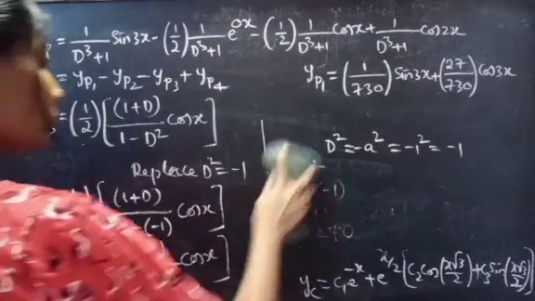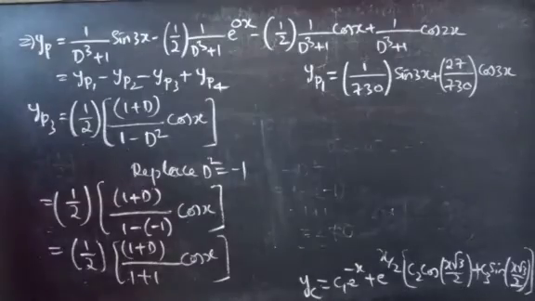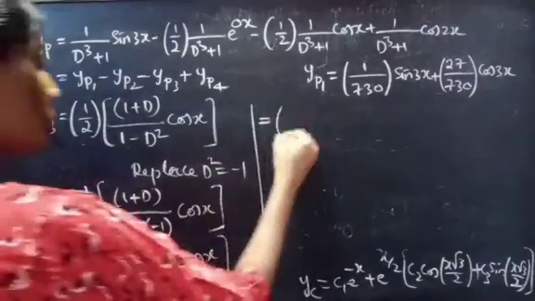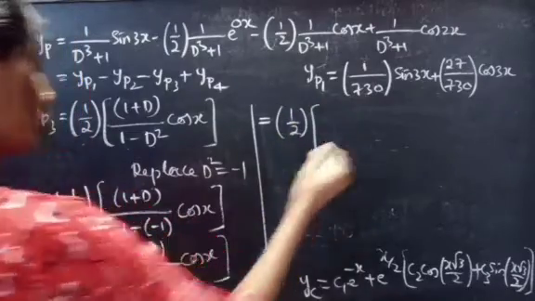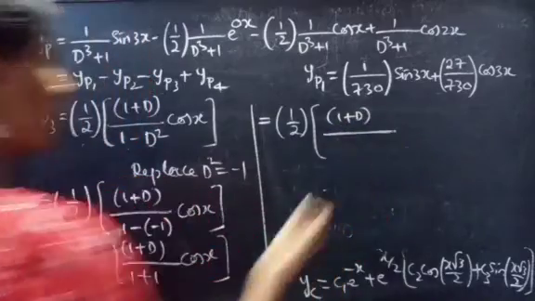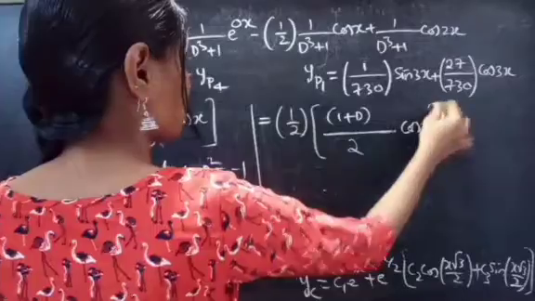Right? Which equals 1 by 2 into 1 plus d by 1 plus 1, 2, into cos x.